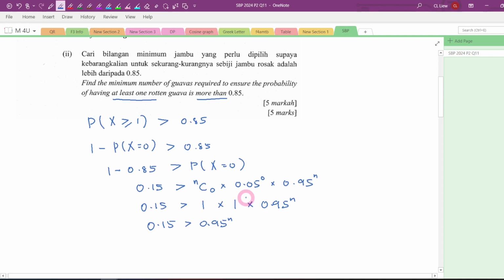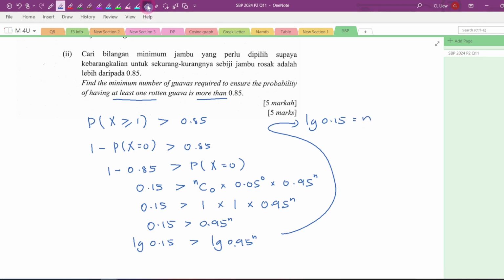Now I'm going to use log to help me get the value of n. Add the log for both sides. And then bring down the n. Let me continue doing here. Okay, not equal, it's greater than. Okay, now you need to be more careful for the next step.